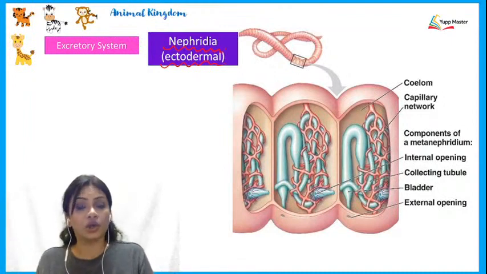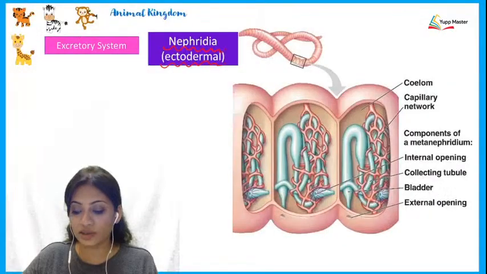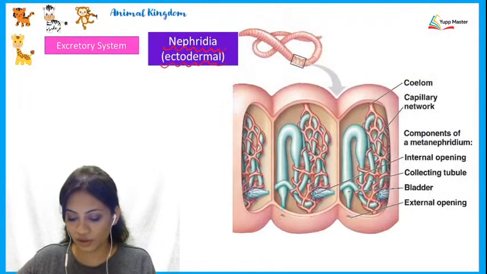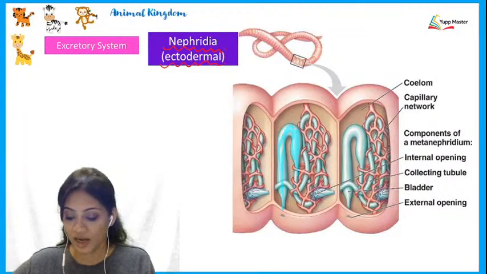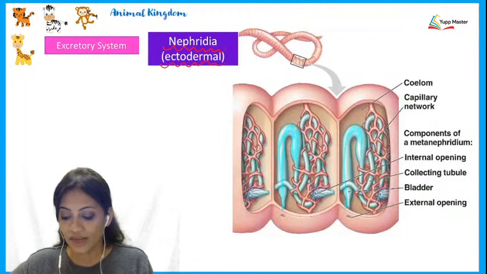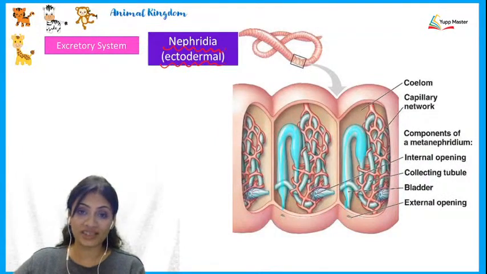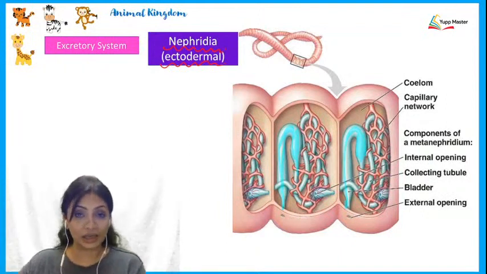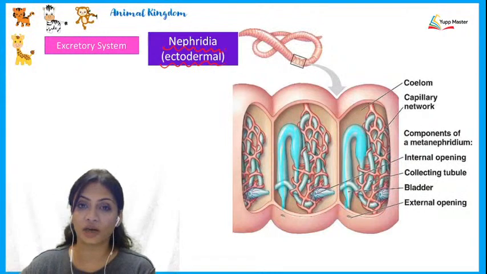Alright. Now look at this diagram over here. All these blue colored tubules that you are seeing indicate the nephridia, which are present in all the segments. Right from the initial segments till the last segment of this annelid, nephridia are present in order to remove the nitrogenous waste which is being made.